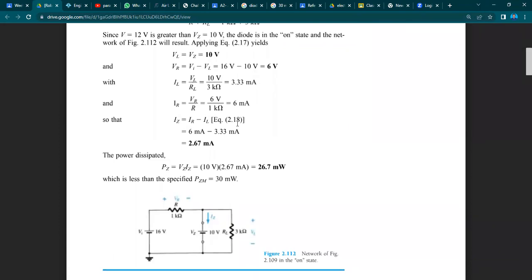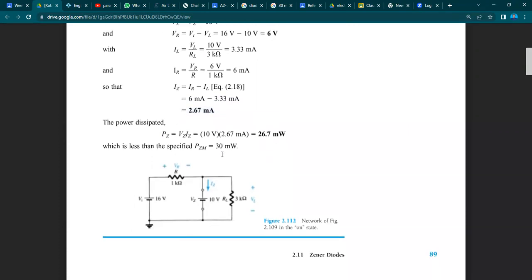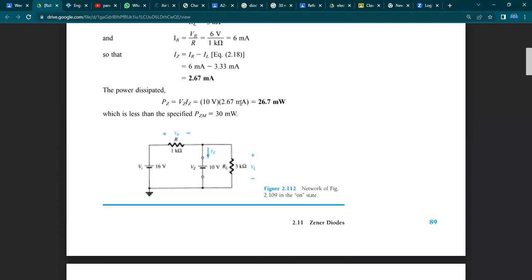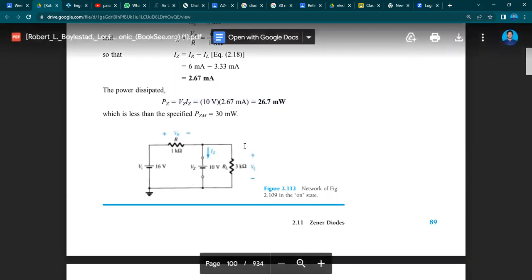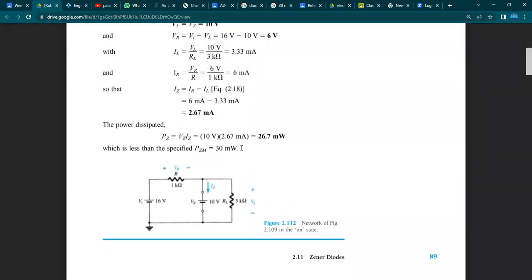Now by using simple Ohm's law, we have found all these things. And at last we used KCL, Kirchhoff's current law, that the current entering and leaving the node is always equal. Now the current through the diode becomes 2.67 milliamps, and its power is 26.7 milliwatts.